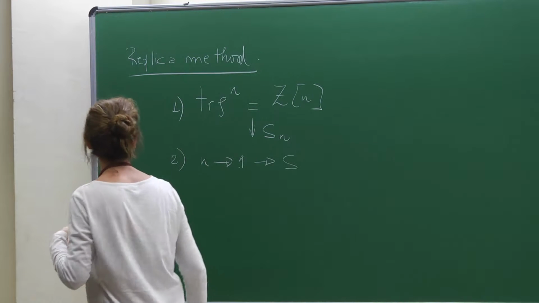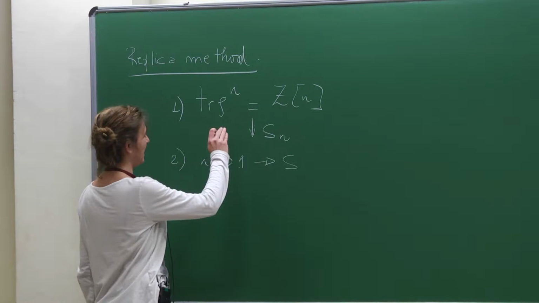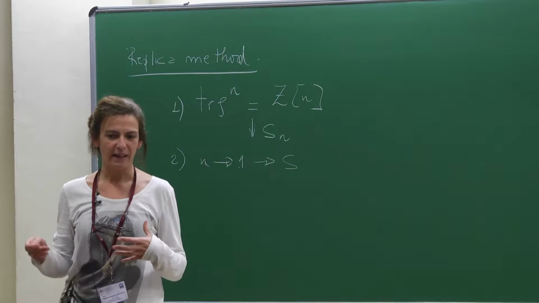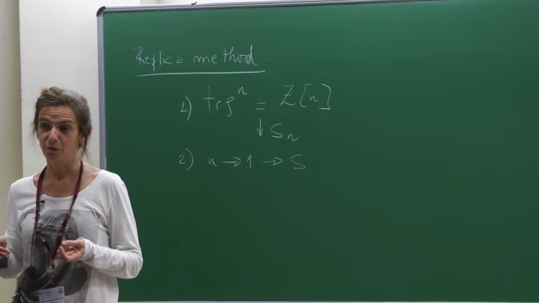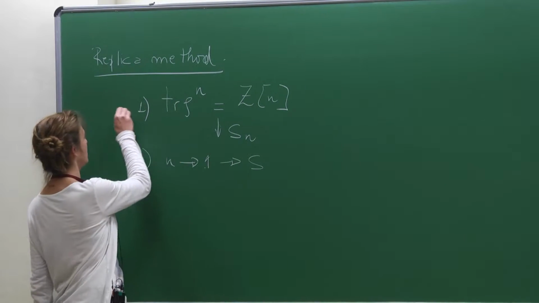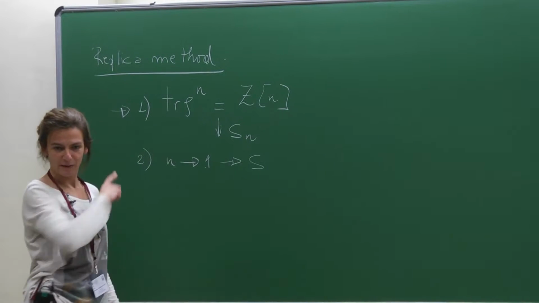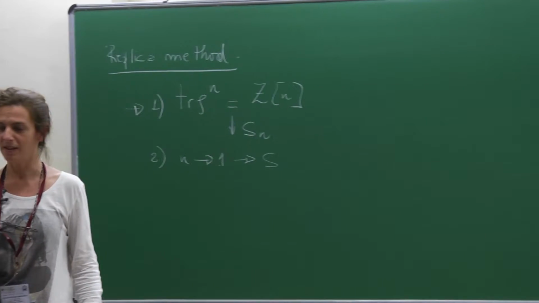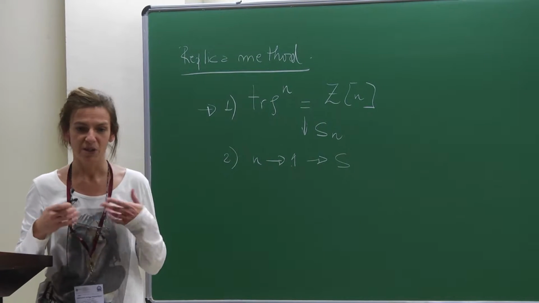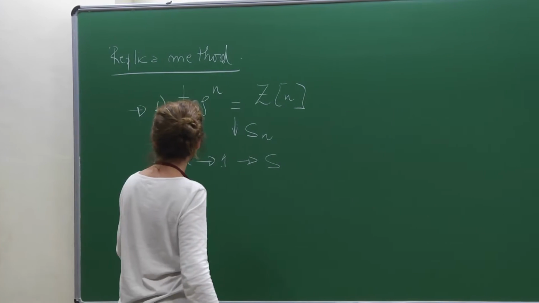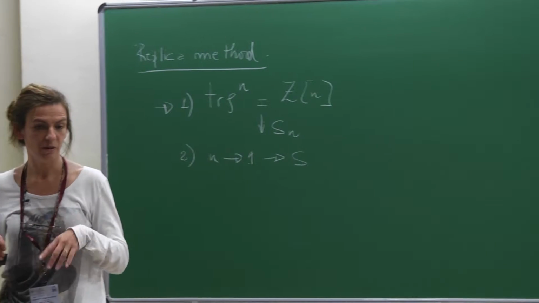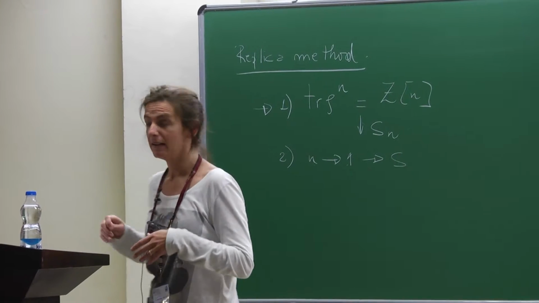In general, the partition function in such a complicated manifold is difficult to find. And even if you succeed with the first step, you can fail in the second. I mean, in general for a function which is defined only for integer values, to find the analytic continuation can be very difficult.